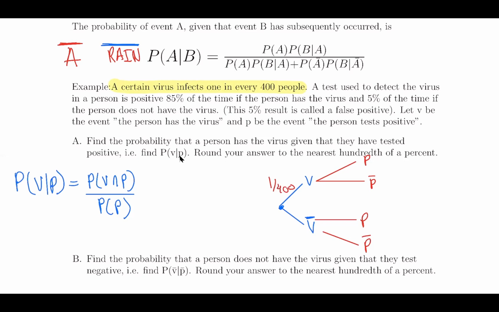That's 399. Oops, sorry about that, using the highlighter. So you get 399 out of 400. Well, sorry. The 1 divided by 400 and the 399 divided by 400.